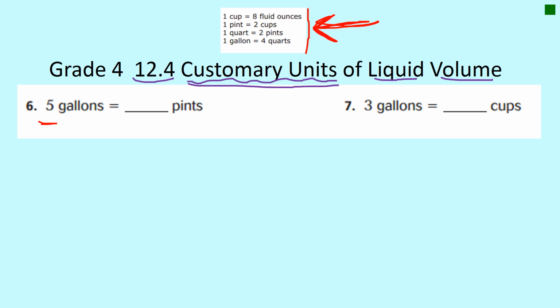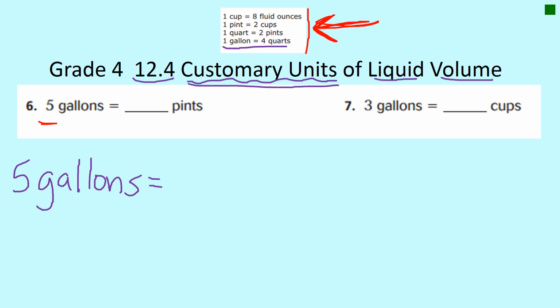So you know what I do then? You may be able to skip over this step, but just because I don't want to make a silly mistake, this is what I like to do. I go, okay, so I have 5 gallons, and on my conversion chart, gallons goes to quarts. It doesn't convert straight to pints for me.